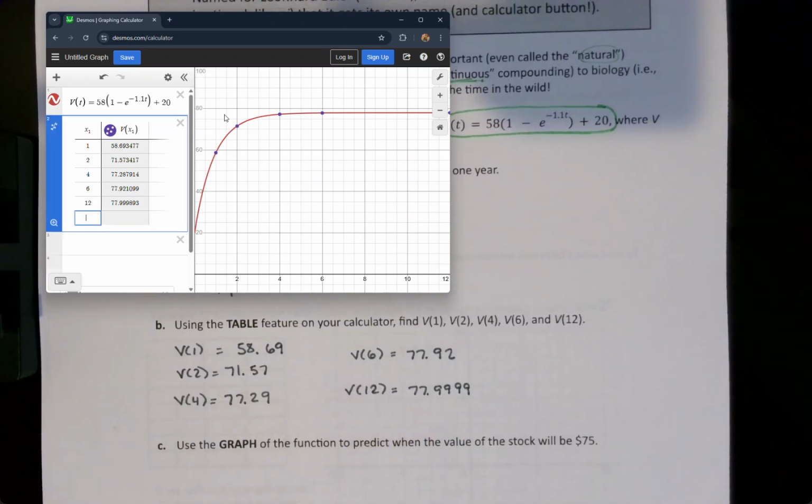I could test that theory with a few more values. Let's go a year and a half, or a year and 3 months, I should say. A year and a half. Ooh, see, it's not quite 78 itself, but it's rounded up that far because of the decimal places able to show. It's probably got a few more 0.999s after it. But 78 looks like our actual upper limit right here.